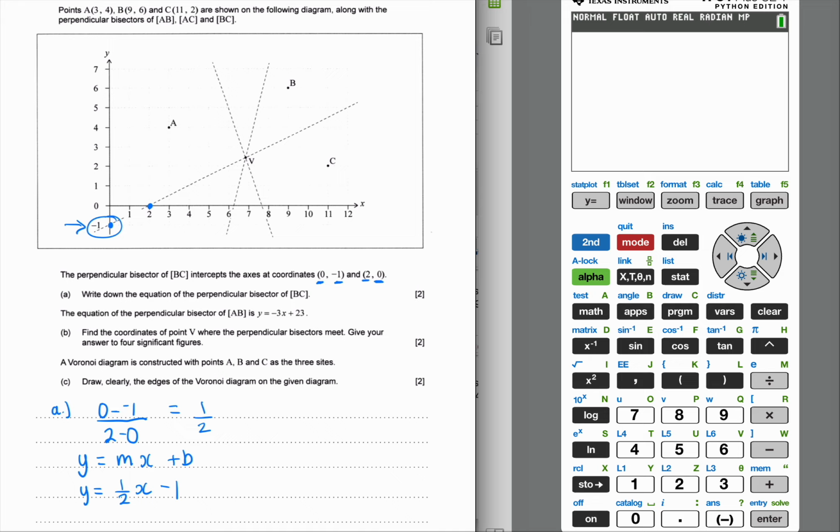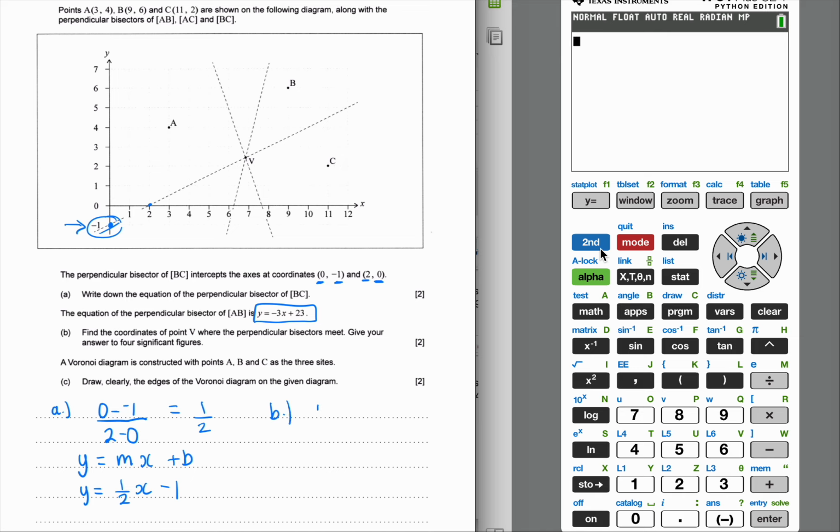And then part B says the equation of the perpendicular bisector to AB, so that's this one here, is y equals -3x plus 23. Find the coordinates of V. Well, if we know the equation of this and we know the equation of this line, where they intersect is the coordinates of V. So we're going to use that to help us to find them. So we're going to go to our calculator, and we have 2 equations here.